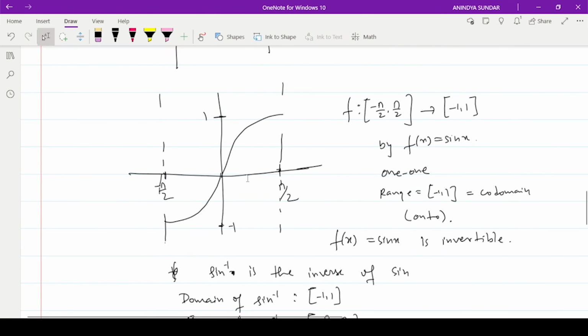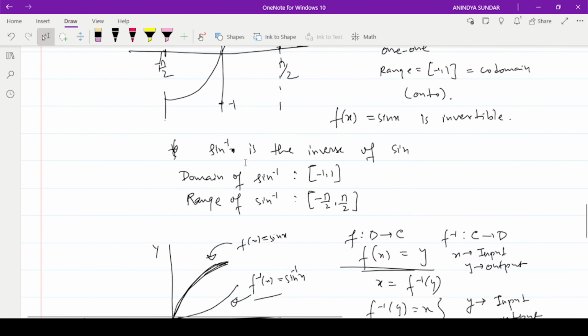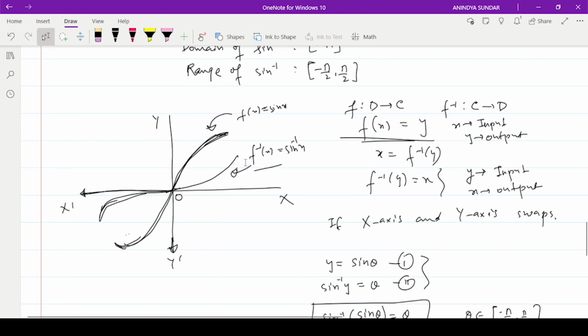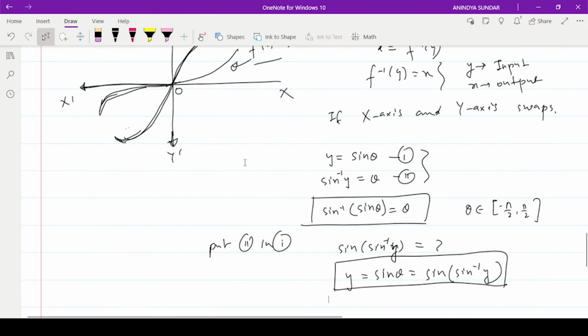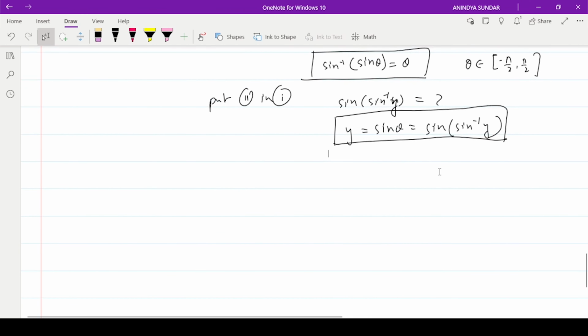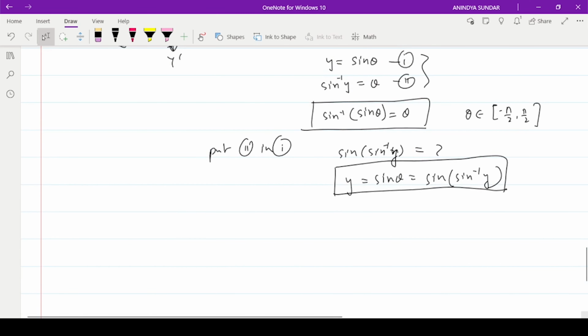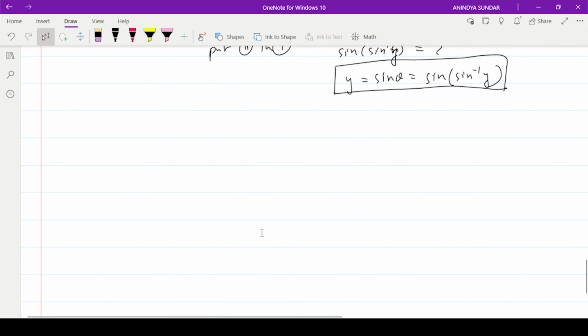So I will restrict the sine function to make it invertible, then I will swap the x and y-axis to get the sine inverse function, and we have derived these two little results from these things. And now I will proceed towards the inverse. We will try to find the inverse of cos function, then tan, and so on. Thank you.